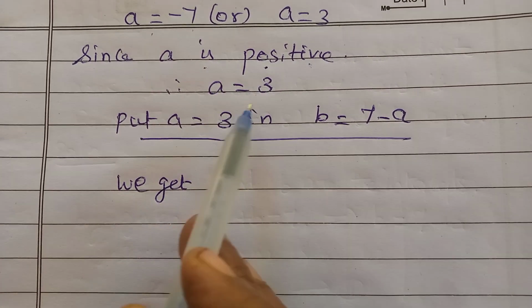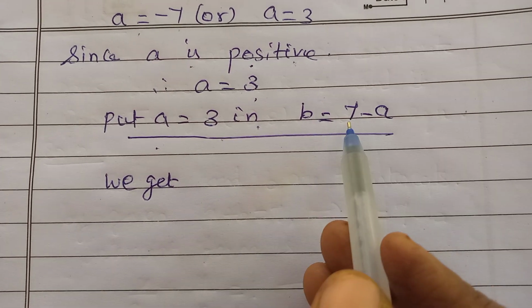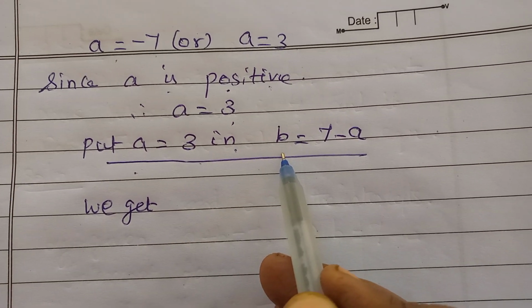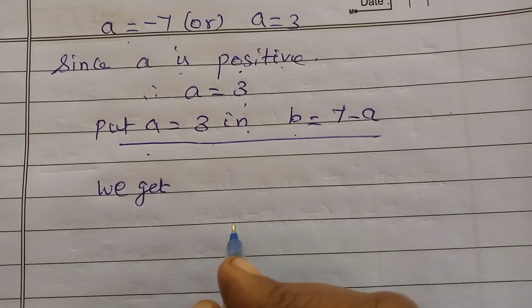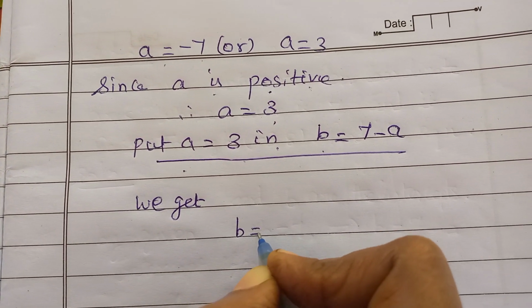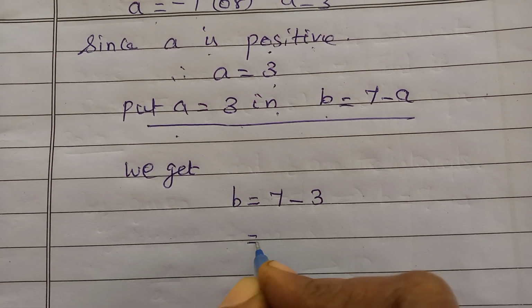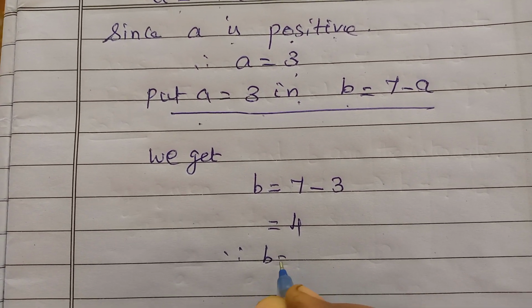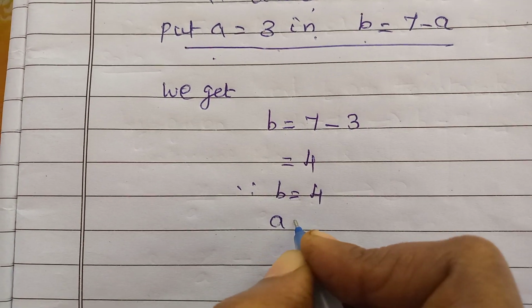So a value is there, so put a is equal to 3 in the equation given at first, b is equal to 7 minus a. What we get? B is equal to 7 minus 3, which is equal to 4. Therefore b is equal to 4 and a is equal to 3.